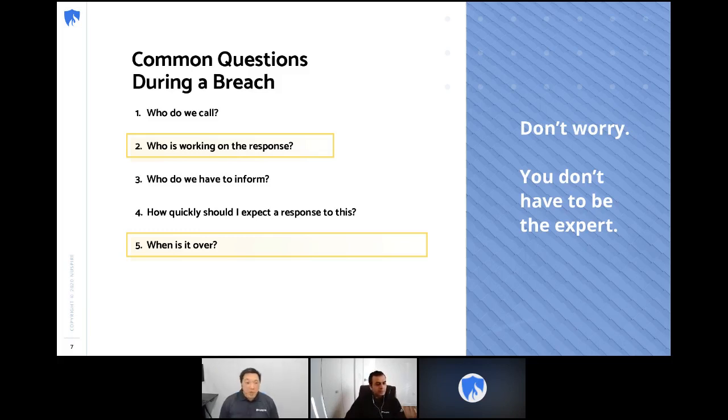Fantastic. Yeah. So, common questions during a breach. These common questions, whenever we write an incident response plan, should be answered. When we were role playing there, we talked about who's on the team, who do we call, who's working on the response, who do we have to inform, internal, external, PR, how quickly should we expect a response from the people that we're working with, and finally, when is the incident over?